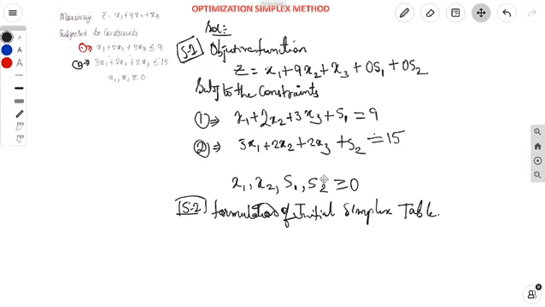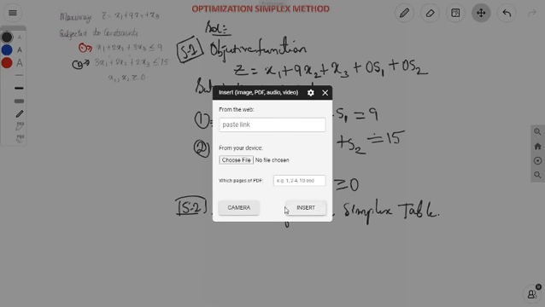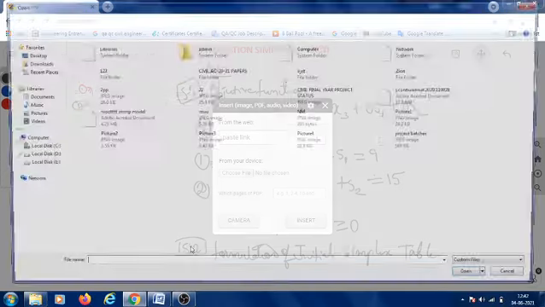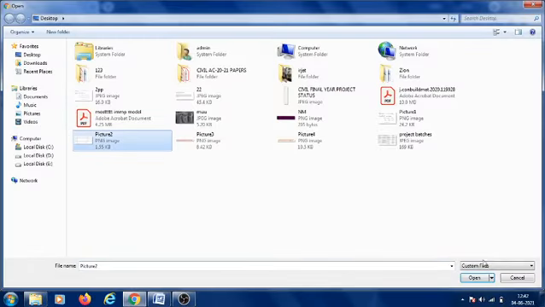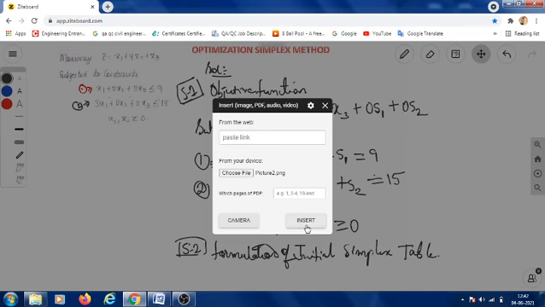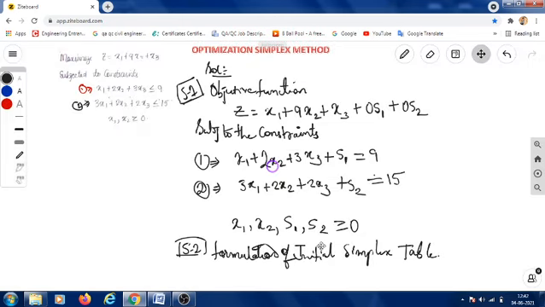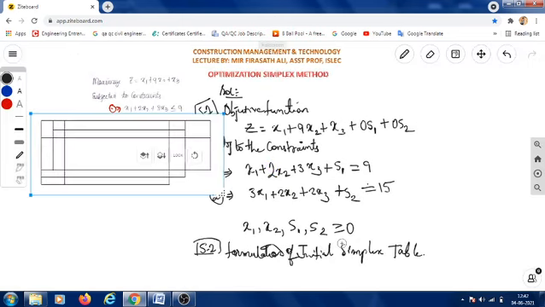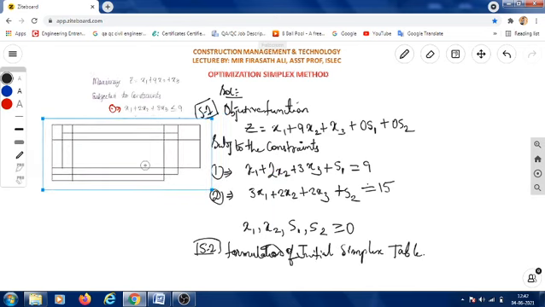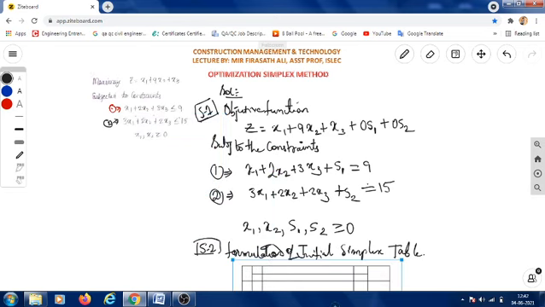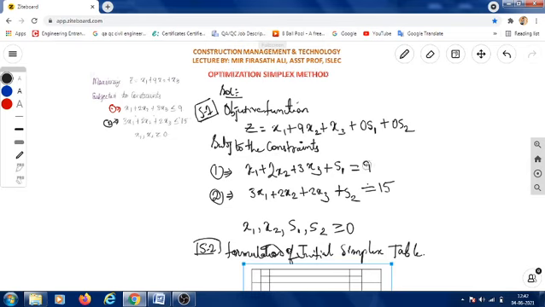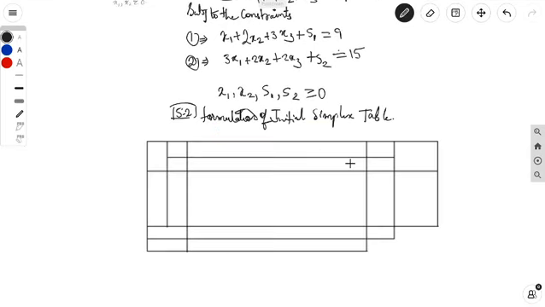What we need to do is insert the table over here. So this is the table, the initial simplex table.